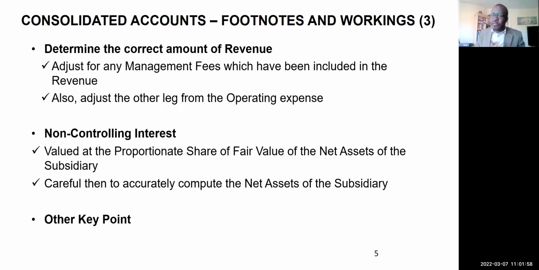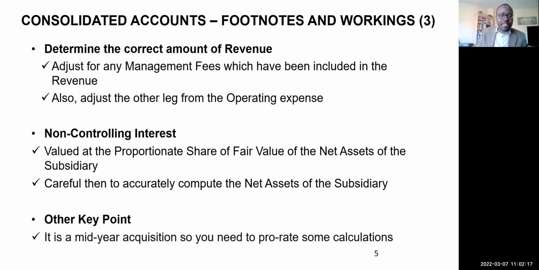Okay, so be careful here. If you don't get the net assets of the subsidiary correct, your NCI will be wrong. So you must make sure you get the fair value of the net assets of the subsidiary correct. Then your NCI will be correct. Carefully calculate that item.